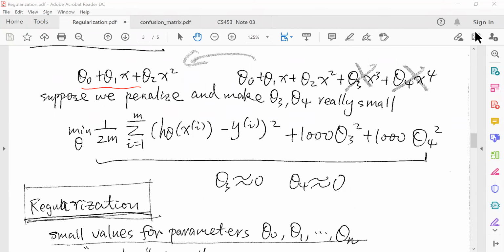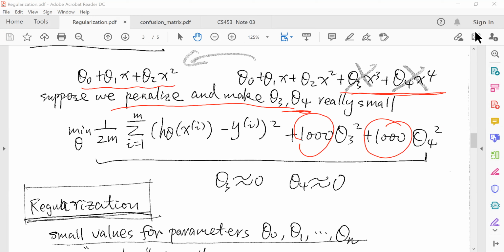Here it shows the comparison. This is a simpler polynomial model, and here you have a high order polynomial model. Here we can penalize, making theta 3 and theta 4 really small. How do we do penalization? You multiply them with some huge number.